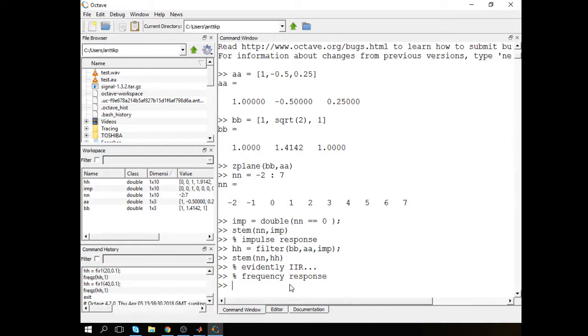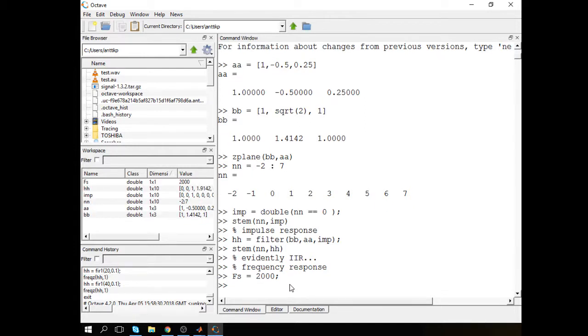Just for fun, I'll put 2000 here, so 2000 samples per second. So this would be, say, a microcontroller-based data logging system, maybe. There you can then calculate the frequency response: BB, AA, the same system coefficients as thus far.